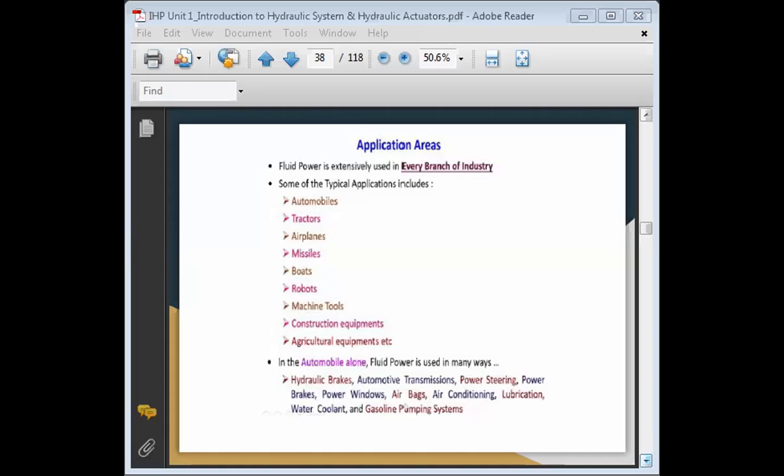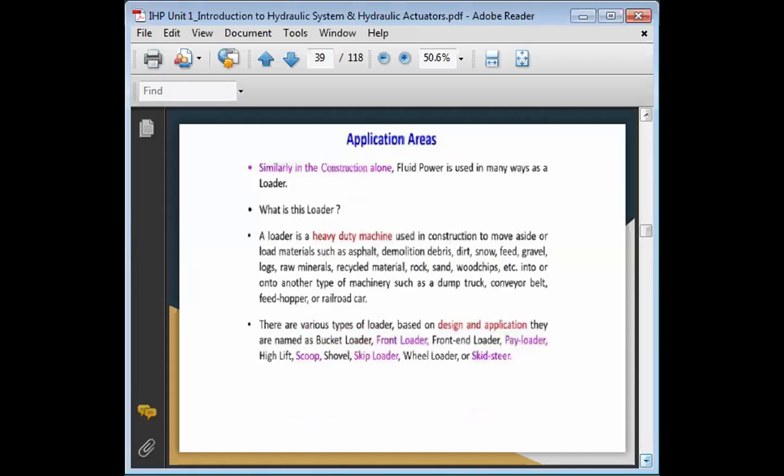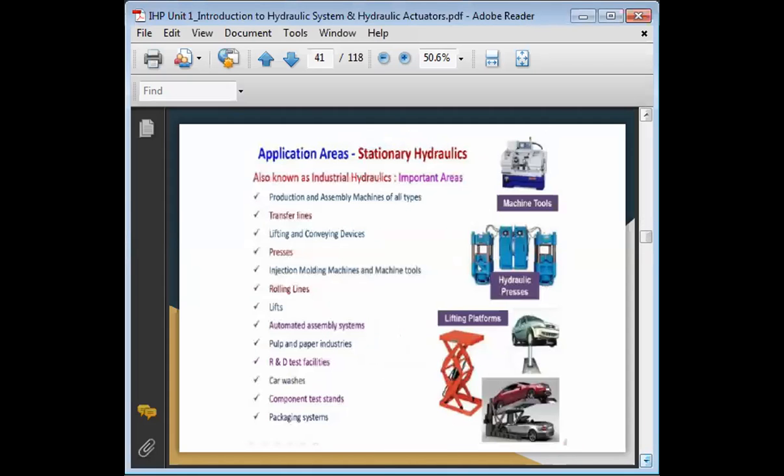No need to write this, I will just show it. This is also important. These are the stationary hydraulics applications. No need to draw the diagram. Just for your understanding, I have included the pictorial views. You have to write just the list.